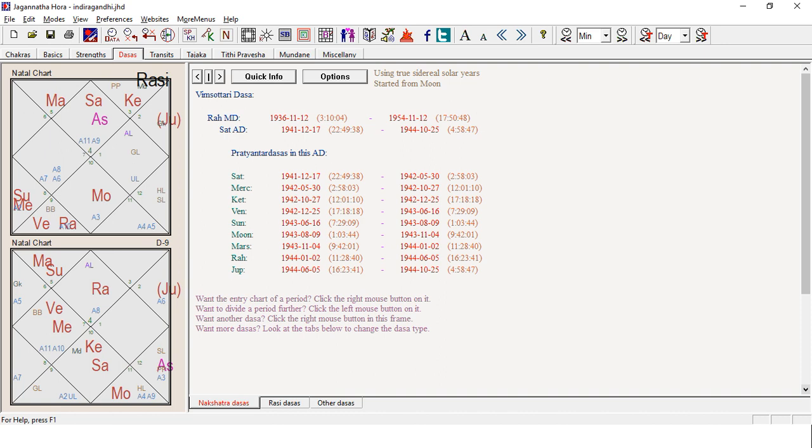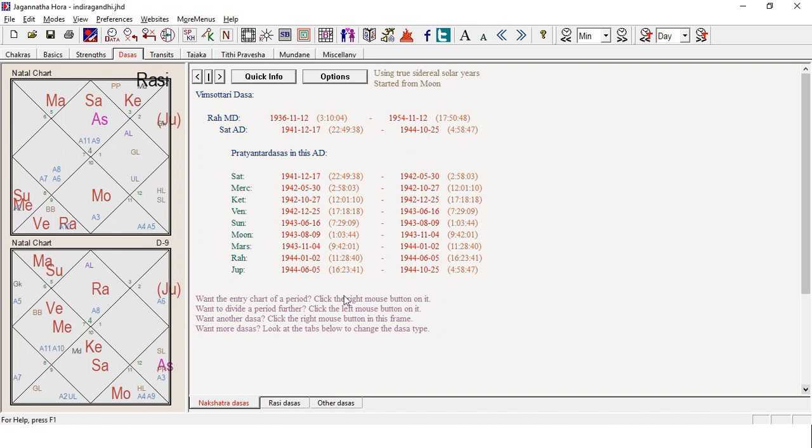Saturn is the 7th and 8th lord, and it is sitting with Ketu, a separative planet. We know Indira Gandhi married Firoz Gandhi, who had a premature death, but that is besides the point. Very clearly, during Rahu's Mahadasha, Saturn's Antardasha and Saturn's Pratyantardasha, marriage took place. So we get an indication of a marriage-like event.